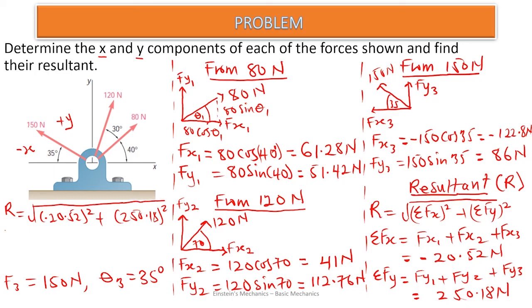Square root covers everything. When you punch this, our resultant force R is going to be 251 newtons for that. Very simple. So for the series of these forces, their resultant is 251 Newton. It's quite simple.